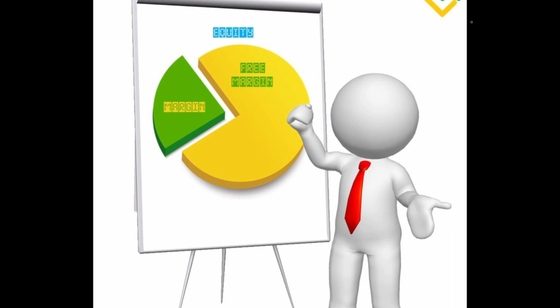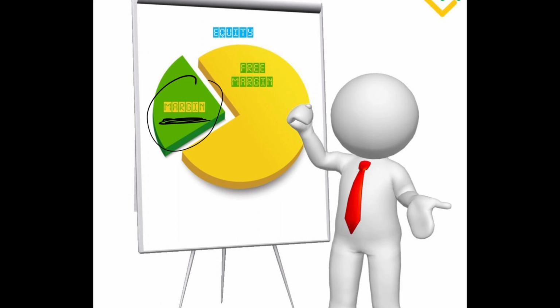We have now margin and free margin. Margin: when you place a trade, there's a certain amount of money that will be locked up, which is called margin. When you place a trade, they are going to remove some particular amount from your balance and lock it up so that you cannot use it again.